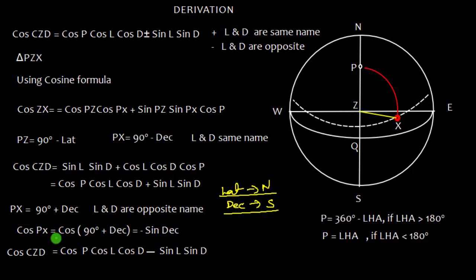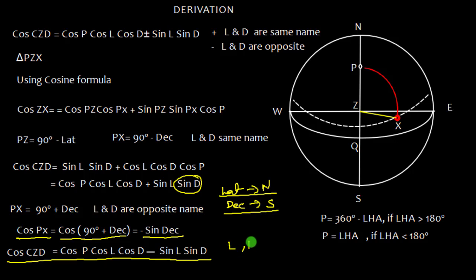So cos Px will be cos of 90 plus declination, or minus sine declination. So here we have this formula. Cos calculated zenith distance will be cos P, cos L, cos D minus sin L, sin D, when both, that is latitude and declination, are of opposite name.